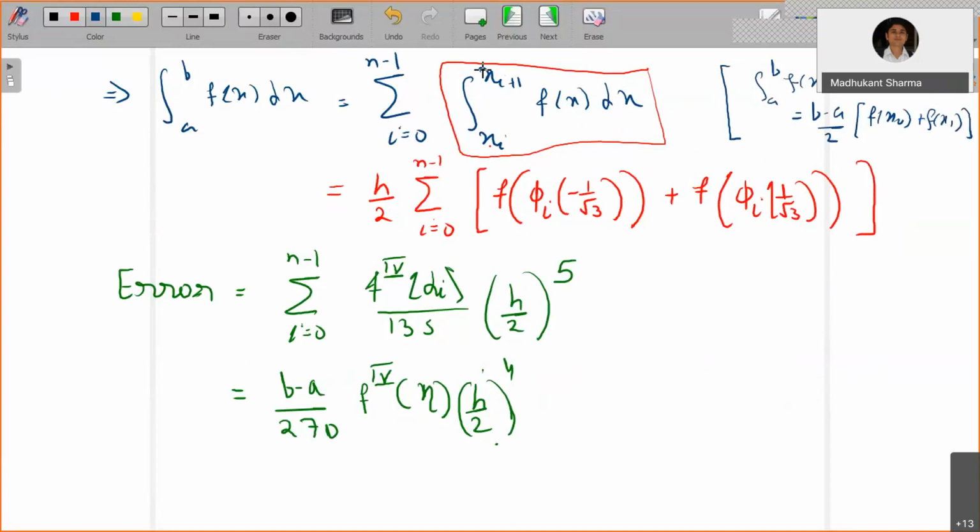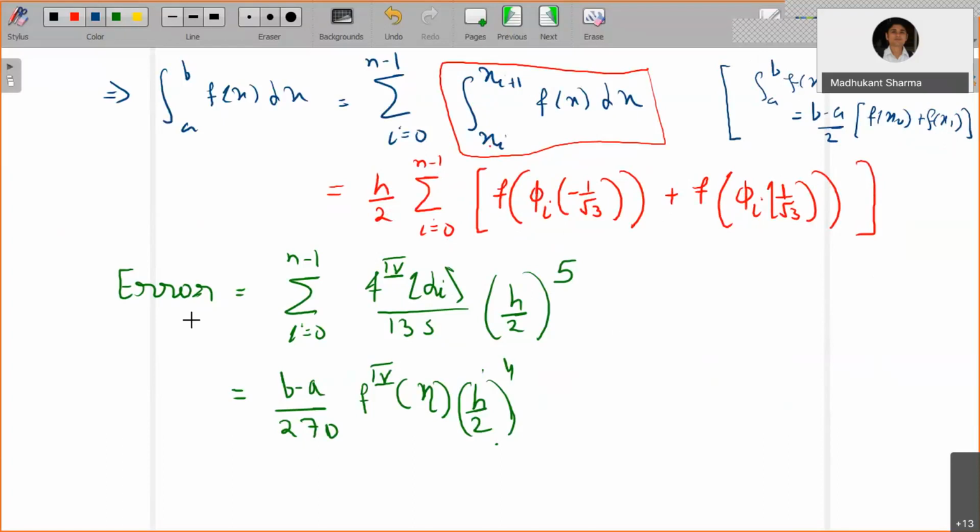So for the interval, xi plus 1 minus xi divided by 2. Instead of a and b, you are going to use xi plus 1 and xi. xi plus 1 minus xi is again h, and h is the same for every i, so h by 2 is out. Then these x0 and x1 are the Gauss 2 points inside the interval. Similarly, these Gauss 2 points on the interval are given by phi i at minus 1 by root 3 and phi i at 1 by root 3.